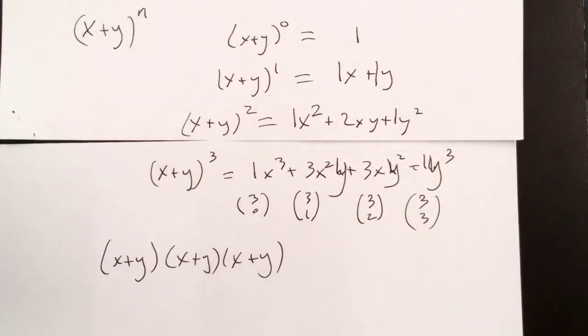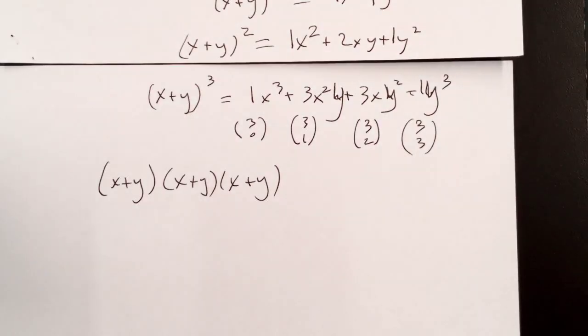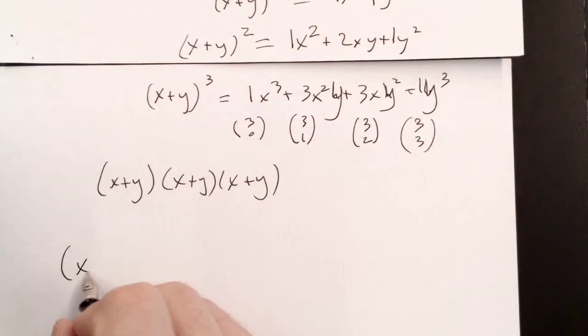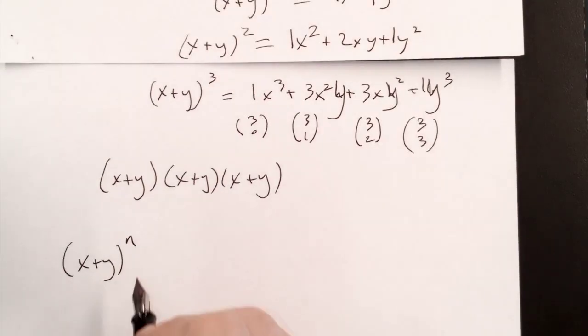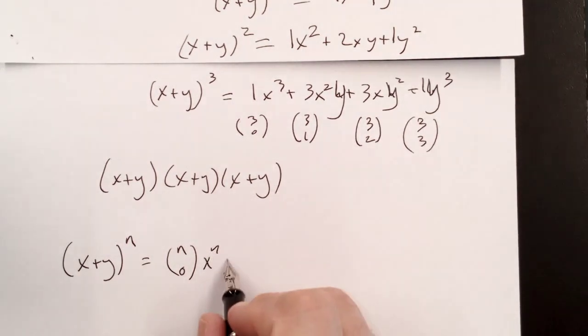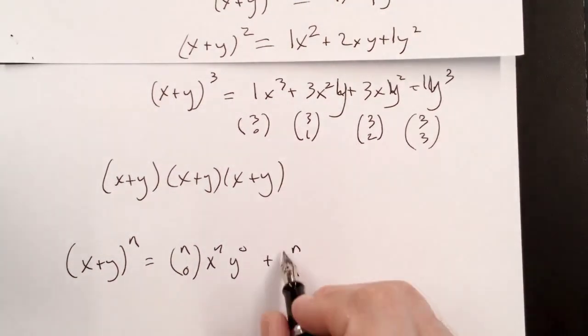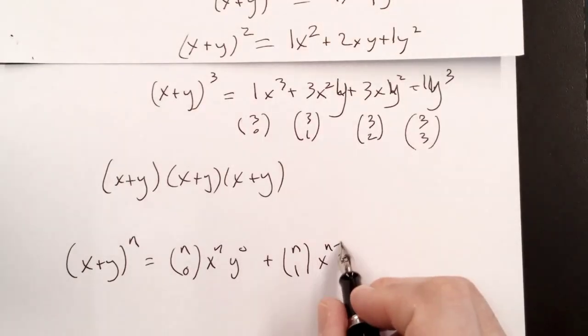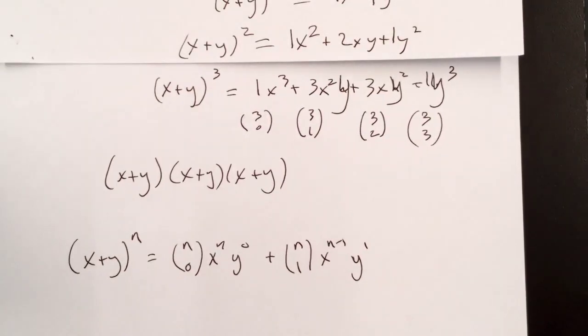If you want to do a binomial of any size, x plus y to the n, you're going to start with n choose 0, x to the n, y to the 0. Because you chose none of them to be y's. Then you do n choose 1. 1 less x, 1 more y.